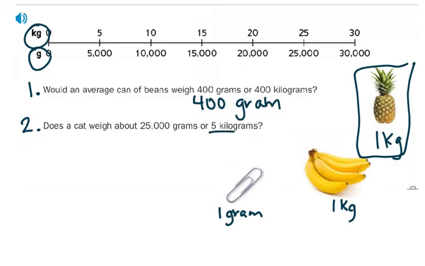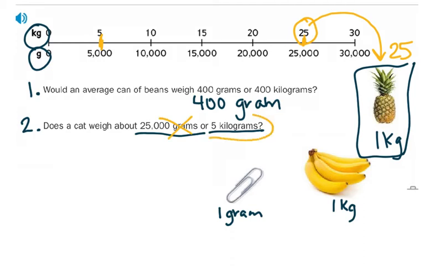And if a cat weighs 5 kilograms or 25,000 grams, look at this for a minute. 25,000 grams would be the same as 25 pineapples? No way. It would be 5 kilograms, or about the weight of 5 pineapples.